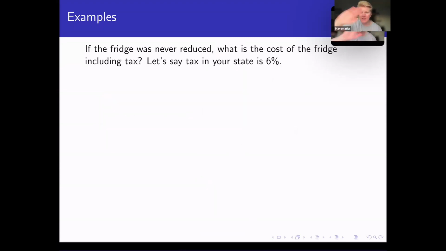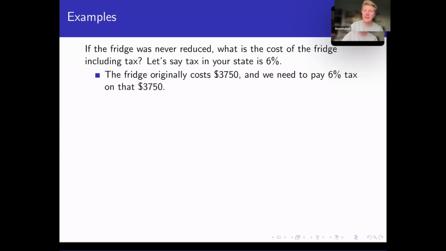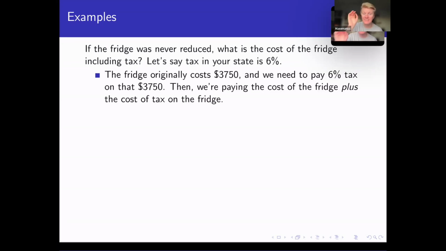Okay, let's say that fridge was never reduced. What is the cost of the fridge, including tax? I don't know where you're watching this, but let's assume tax in your state is a cool 6%, I guess. So if the fridge originally cost $3,750, we need to pay 6% tax on that $3,750. So we're paying the cost of the fridge plus tax on that fridge.